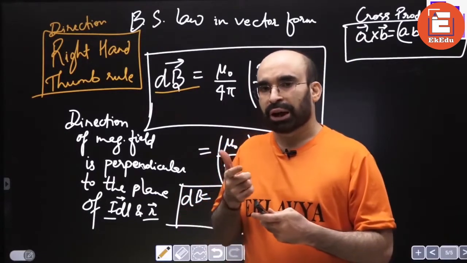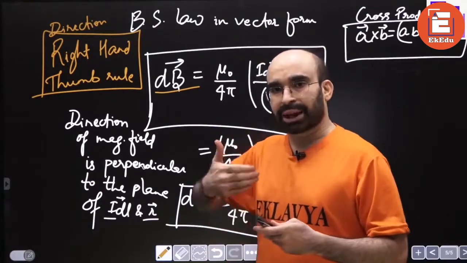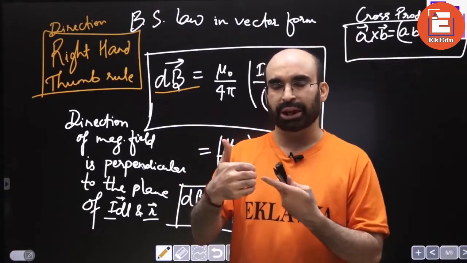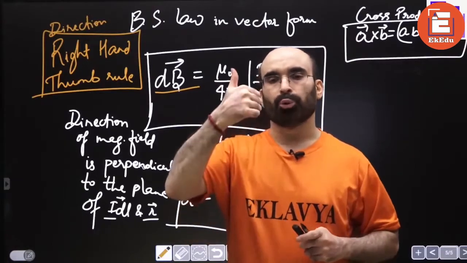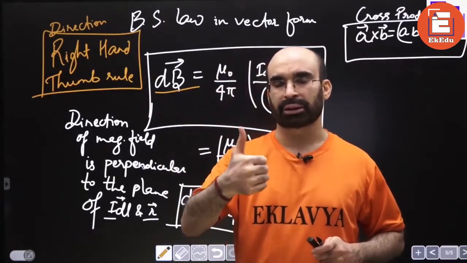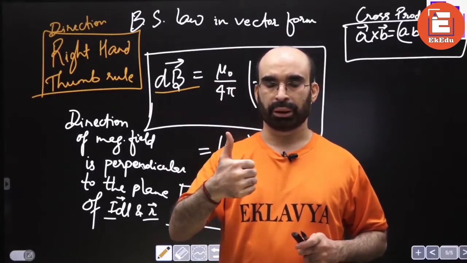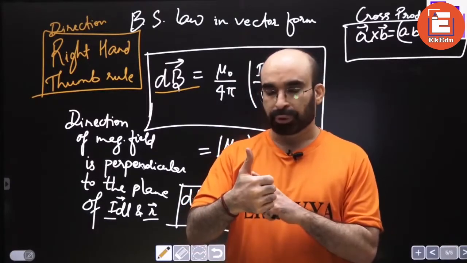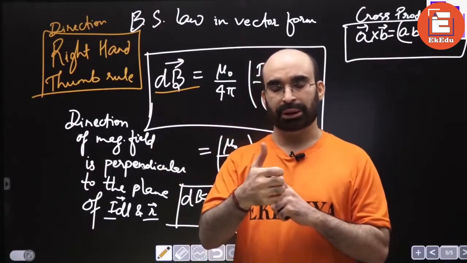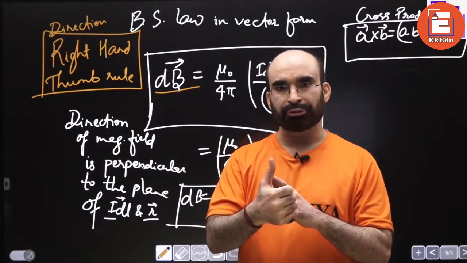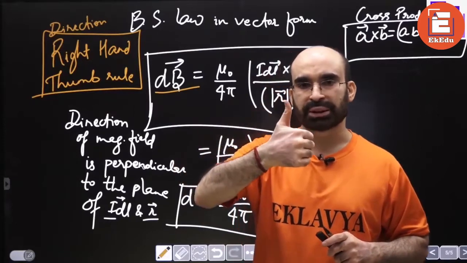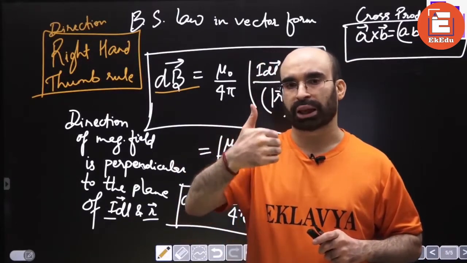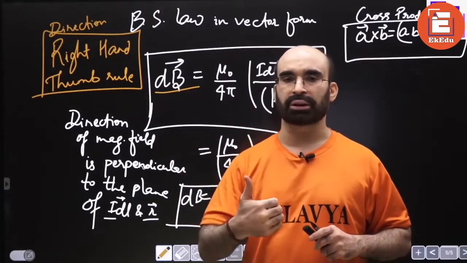That means if the current is flowing anti-clockwise, this thumb will show the direction of the magnetic field. The opposite is also true, but you need to do it vice versa. That means if the direction of current is represented by the direction of the thumb, then the curl of the fingers will give you the direction of the magnetic field.